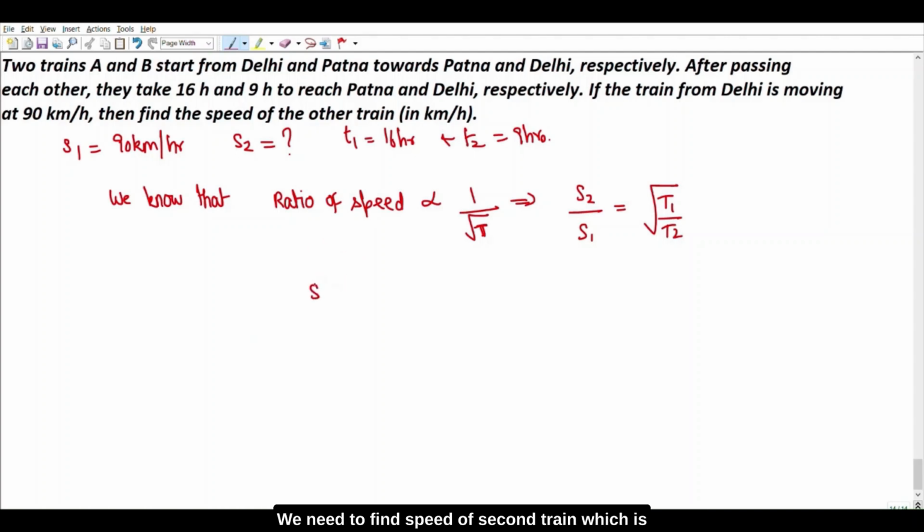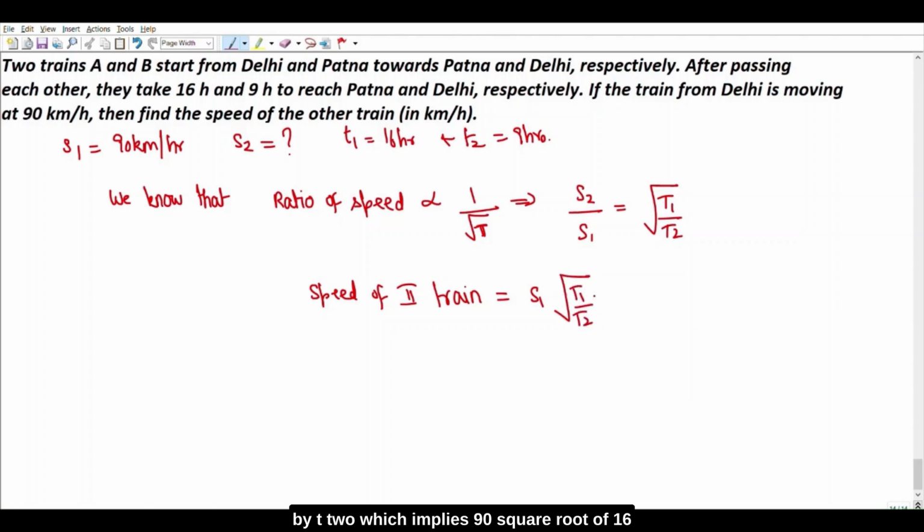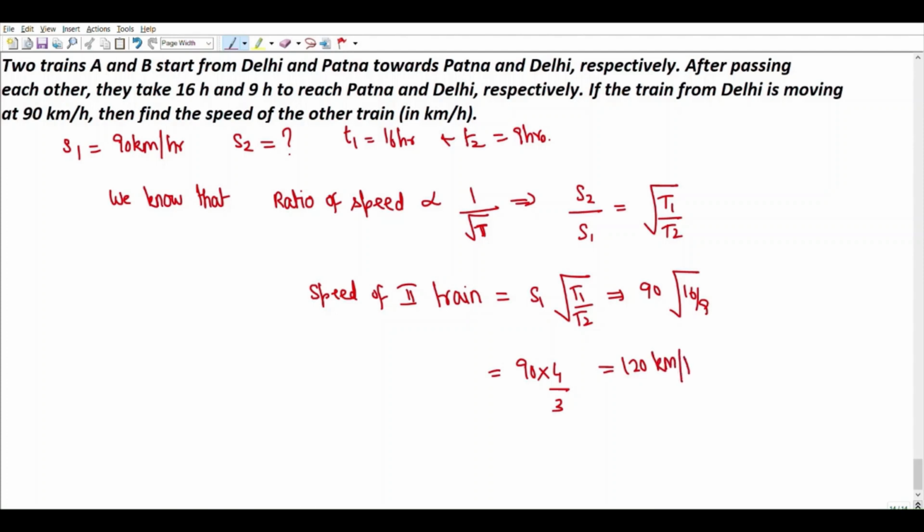We need to find the speed of the second train, which is equivalent to S1 times square root of T1 by T2, which implies 90 times square root of 16 by 9, which is equal to 90 into 4 by 3, which is equal to 120 km per hour.